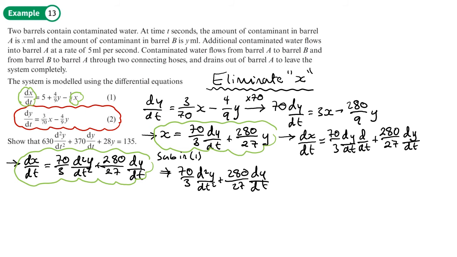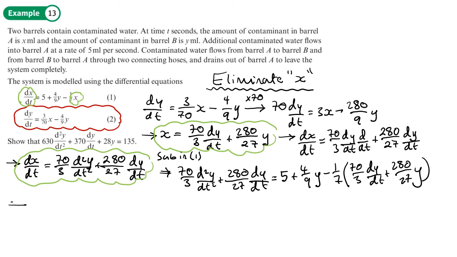That's my dx/dt, and it equals 5 plus 4/9 y minus 1/7 of x, and that's going to be 70/3 dy/dt plus 280/27 y. So we just tidy this up, and I'm going to multiply everything by 27 to get rid of these nasty denominators.